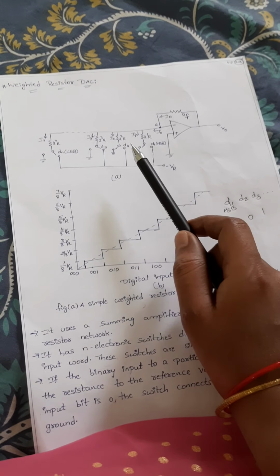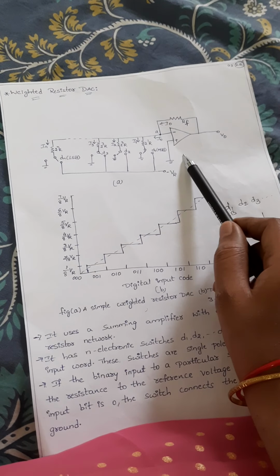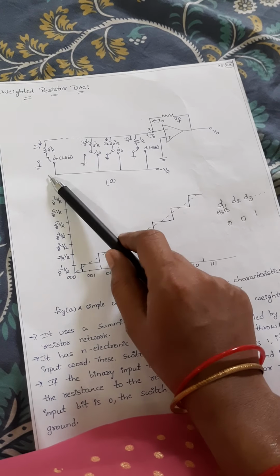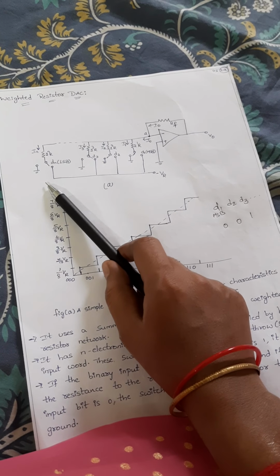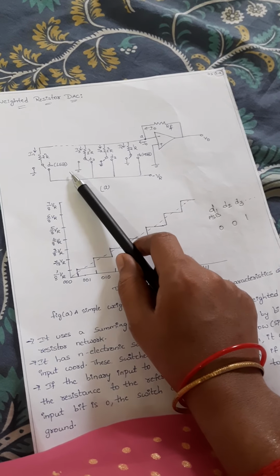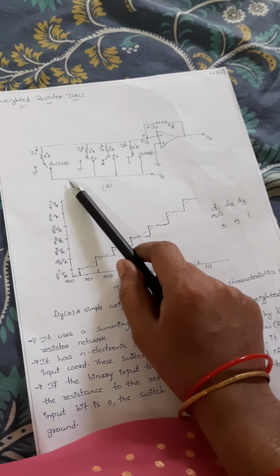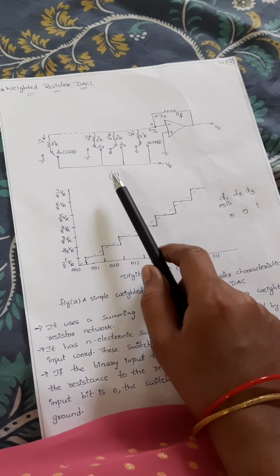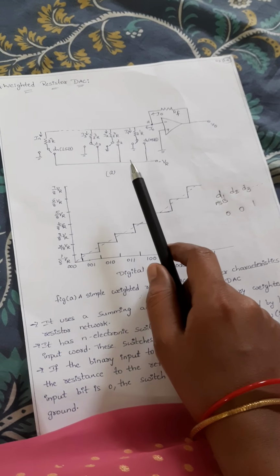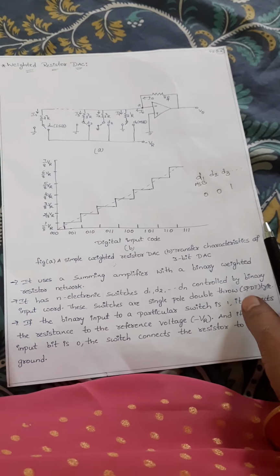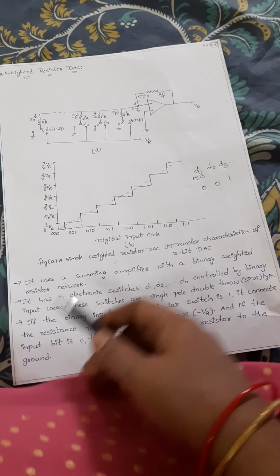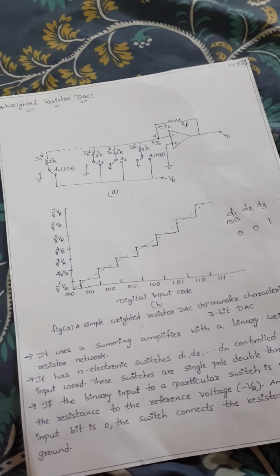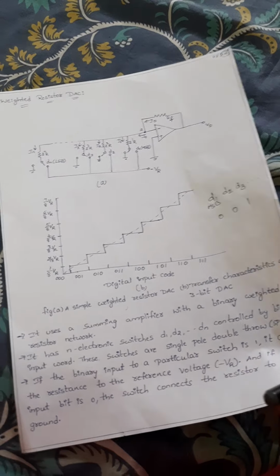To improve the resolution you increase the number of bits, but the final value you are going to get is a large resistance value, and maintaining such a large resistance value is not possible. So this is the main disadvantage in this weighted resistor DAC. So we are moving to the next DAC technique called R2R ladder.